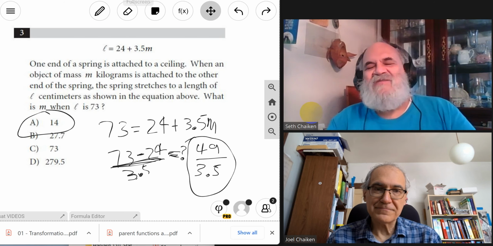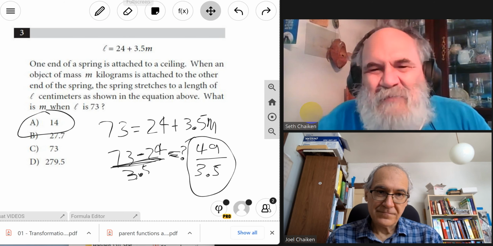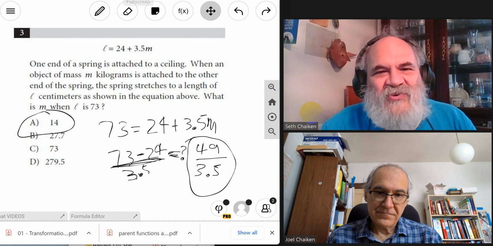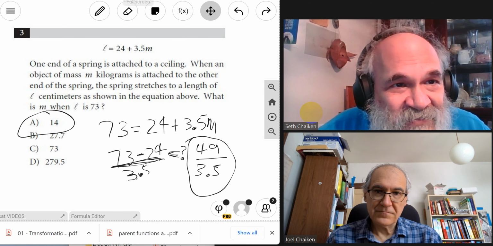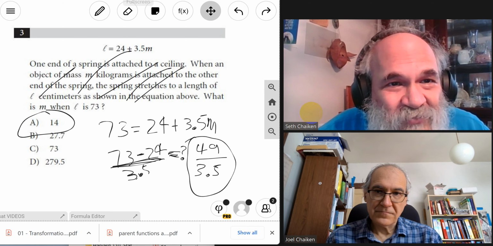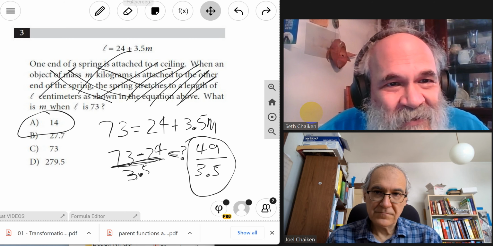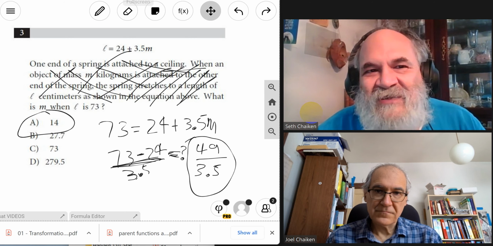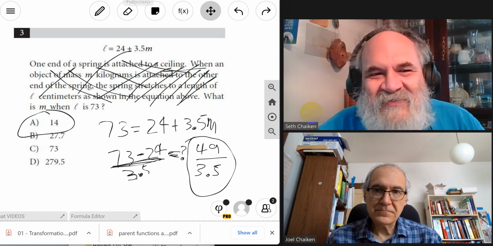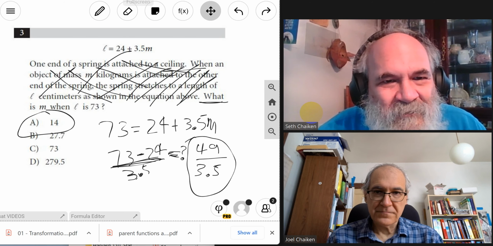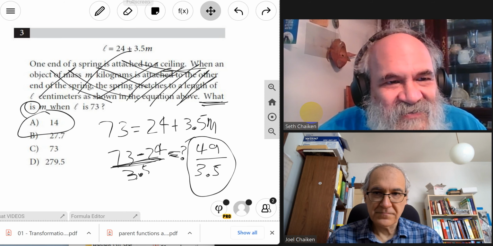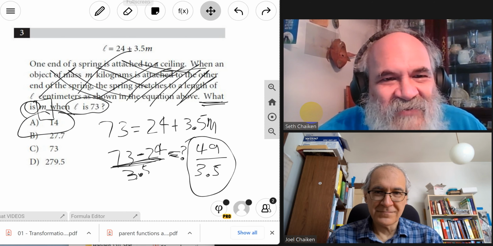We mentioned this briefly, but today we demonstrated that it's absolutely unnecessary to read this to understand what they're saying about the physics. The problem is, what is M when L is 73?